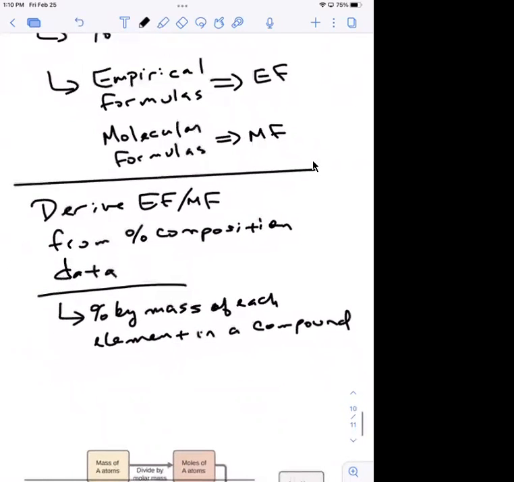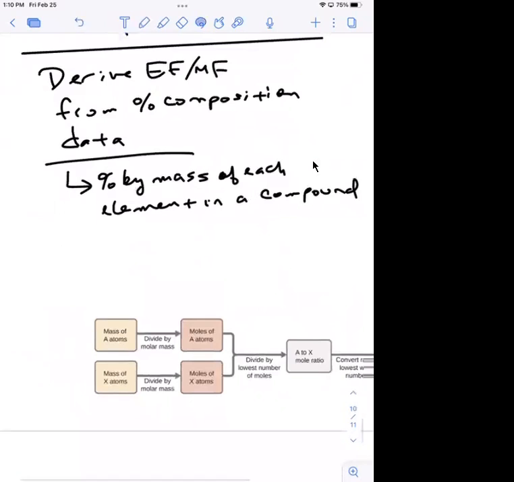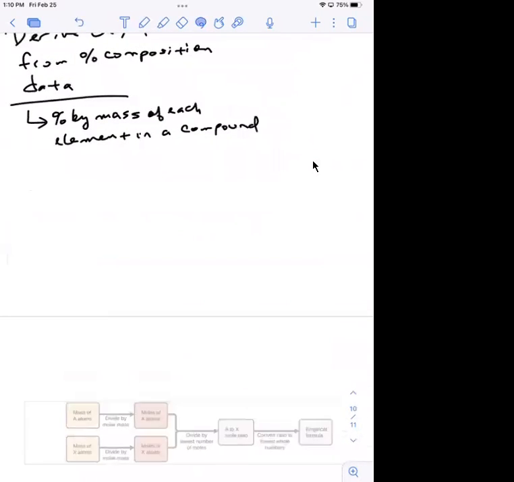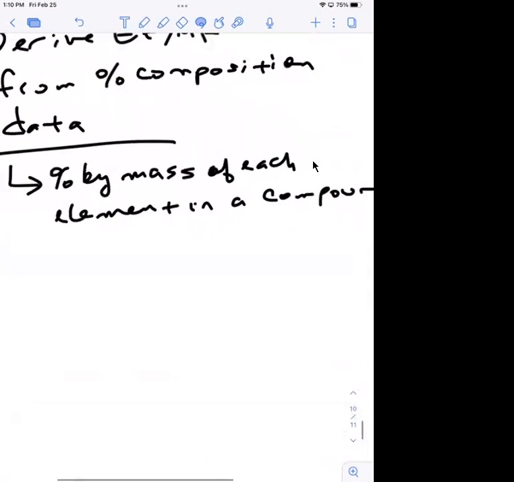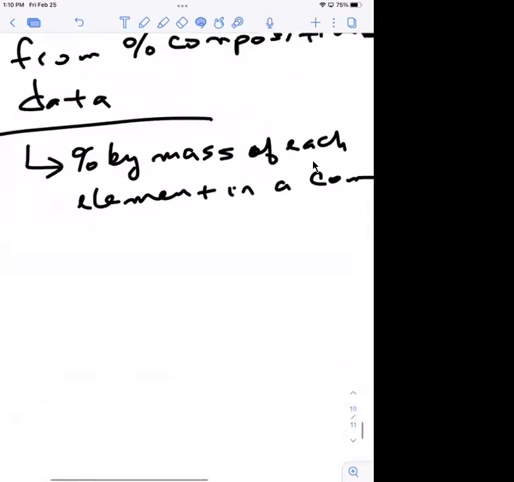There are actually very sensitive instruments that allow you to find out exactly how much of each element is present. I talked about it earlier, and I said that it was a high res mass spec, but we also do what's called elemental analysis.